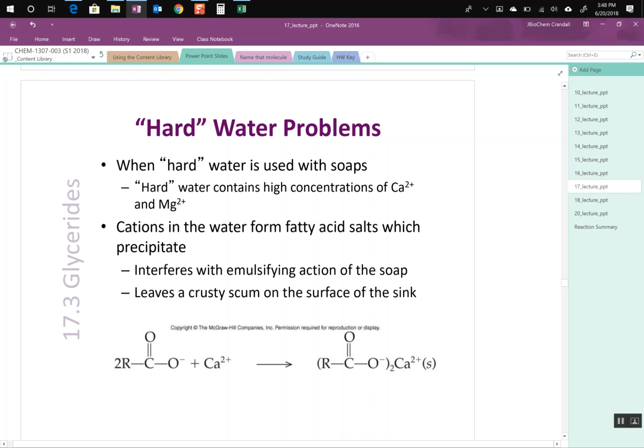right? You get this hard kind of layer of this calcium ion stuff, right? That's because those calcium ions are reacting with the soap ions, which creates an insoluble solid product. So when they talk about softening your water, that has nothing to do with less ions in your water.